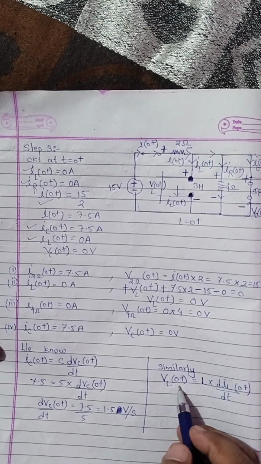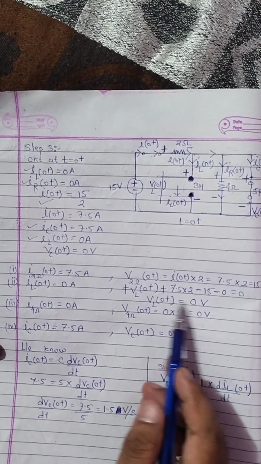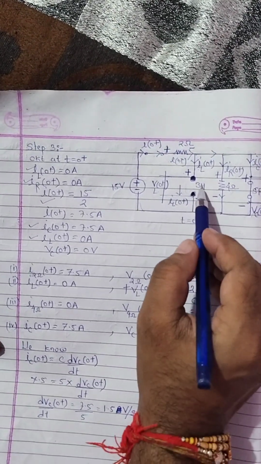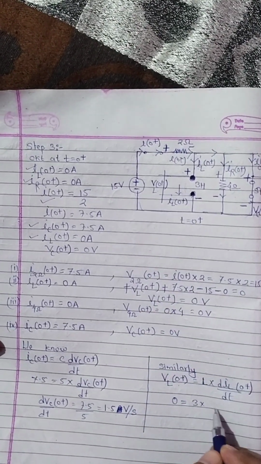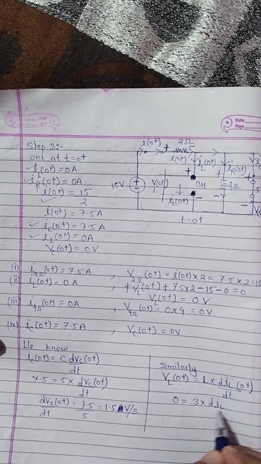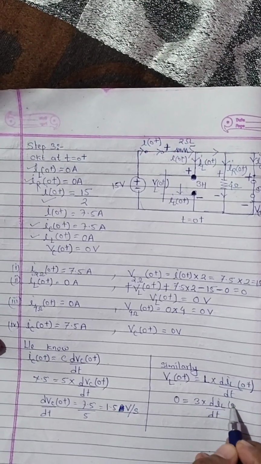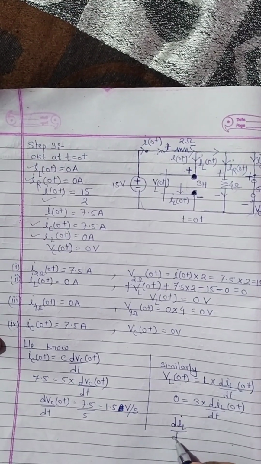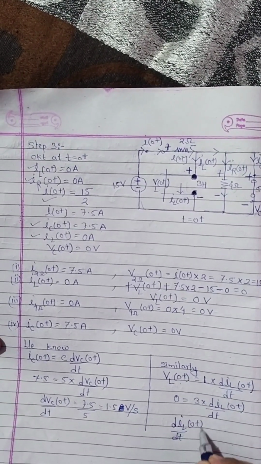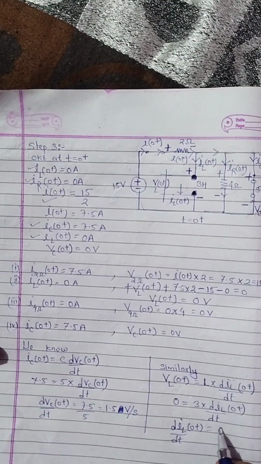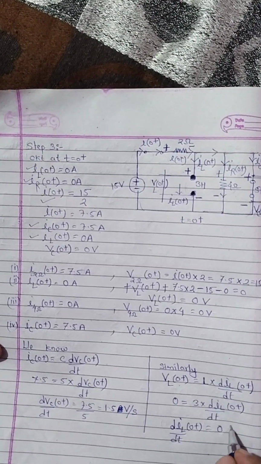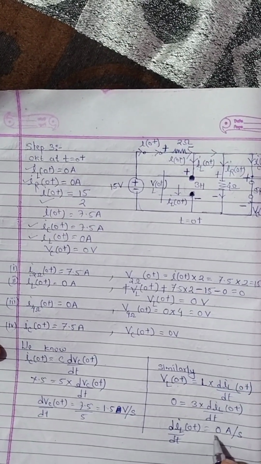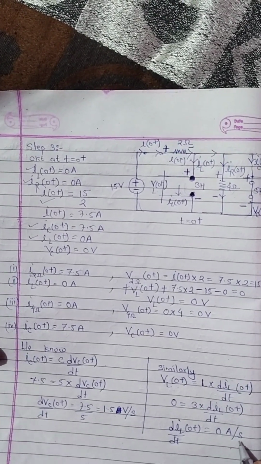Here VL0 plus is 0 volt equals to the inductance 3 henry into dIL upon dt 0 plus, which we have to calculate. So from here we get dIL upon dt 0 plus equals to 0. This is change in current, so ampere, and this is change in time, so second, so 0 ampere per second.